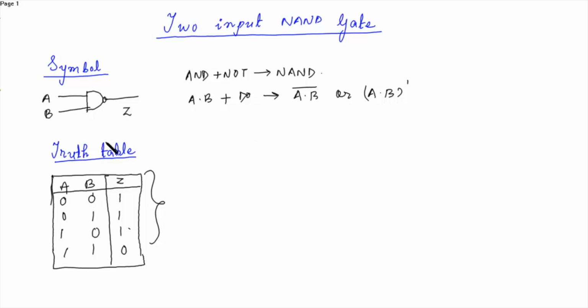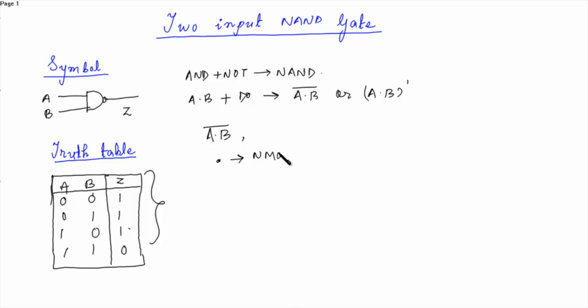Now since this is (A dot B) bar, so when we have a dot operator, we know that the NMOS will be in series and the PMOS will be in parallel.